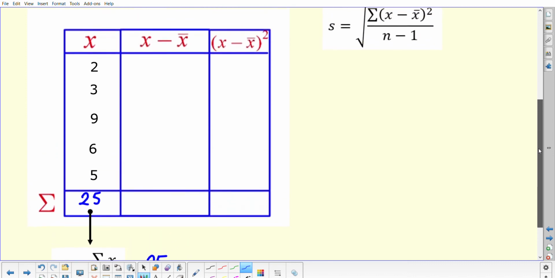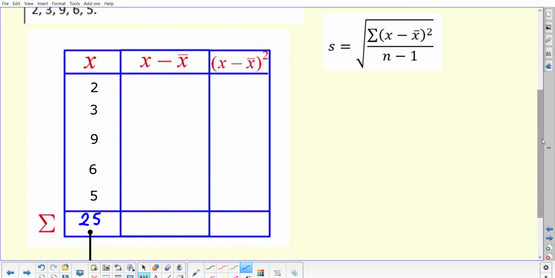Now I'm going to use that mean value to work out, in this middle column, my x in each case. So here, I'm doing the 2, and taking away the mean value, that 5 that I've worked out. So 2 take away 5 gives me an answer of -3.